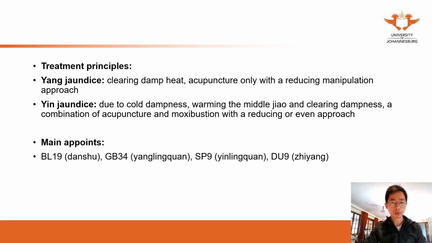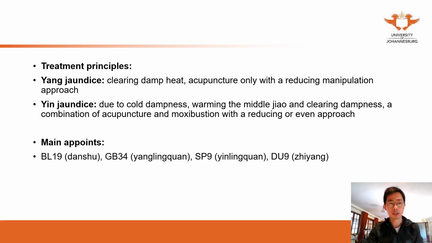The treatment principles for jaundice will depend on which type, yang jaundice or yin jaundice, so you're going to use different principles. No matter which type of jaundice, we're going to focus on clearing the dampness. One of the most important techniques of clearing dampness is inducing urination.